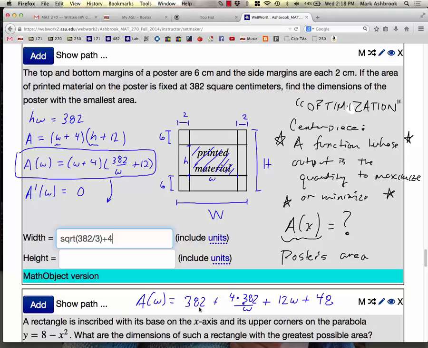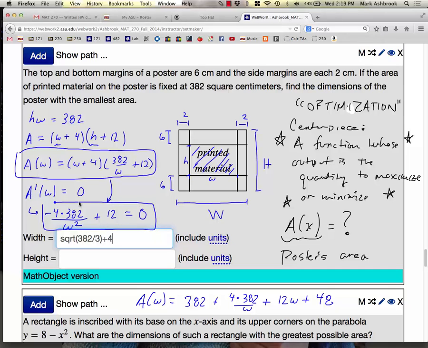So the derivative of 382 is 0. This is like W to the minus 1, right? So it's going to be negative 4 times 382 W to the minus 2, or over W squared, plus the derivative of 12W, which is 12. And so we want to set this thing equal to 0.